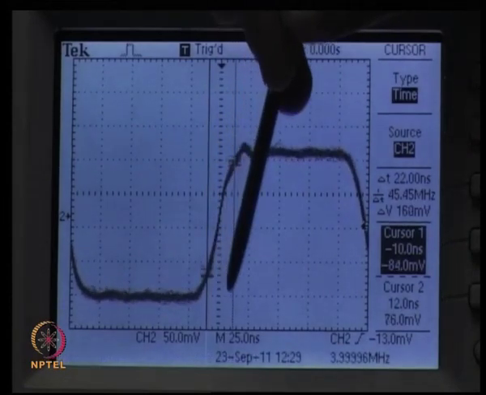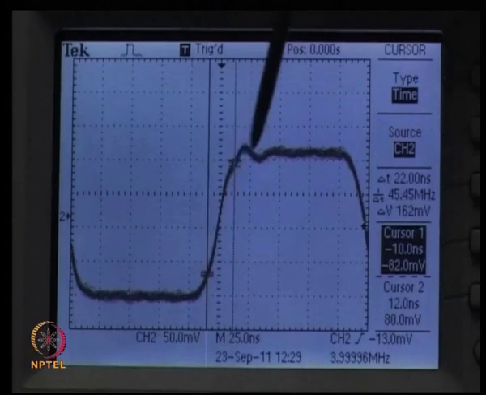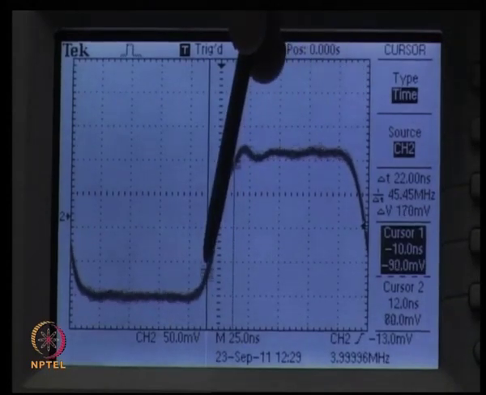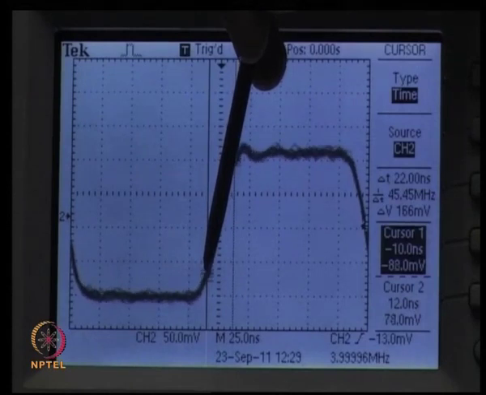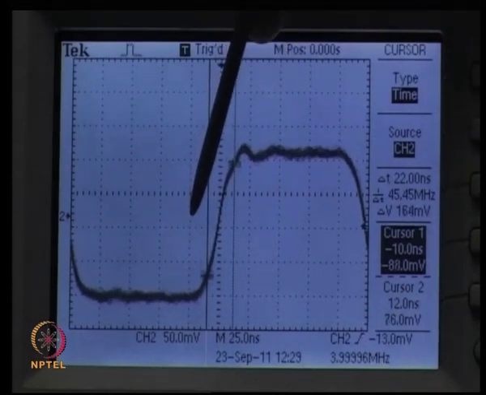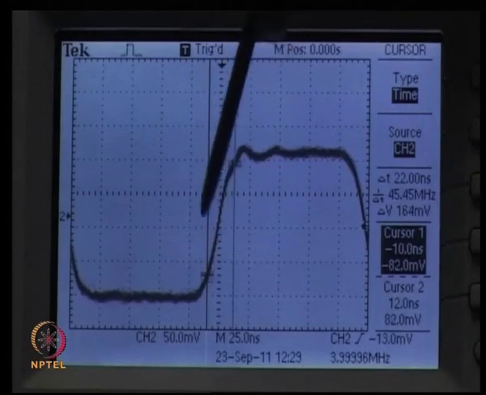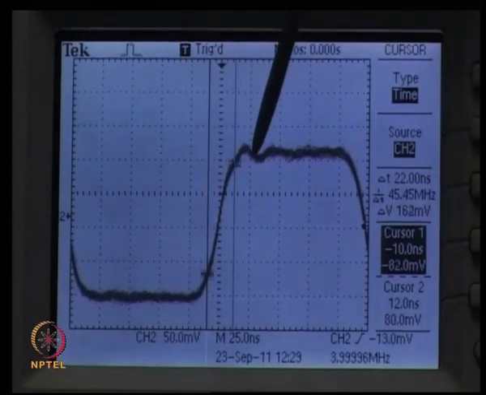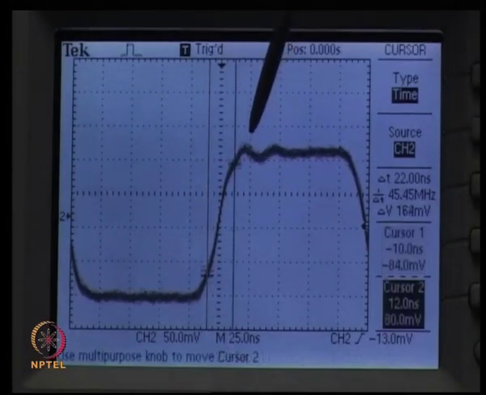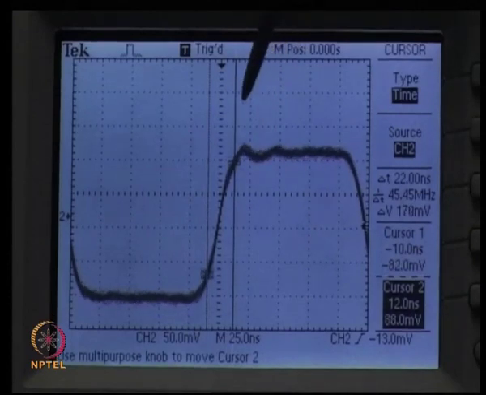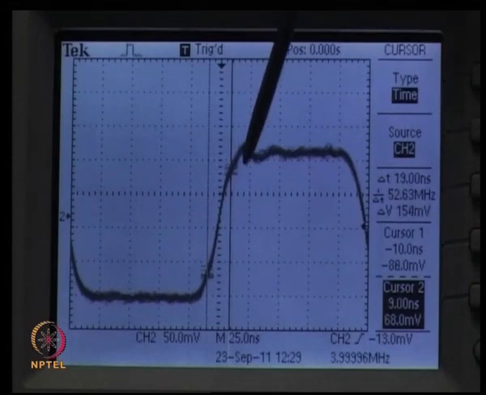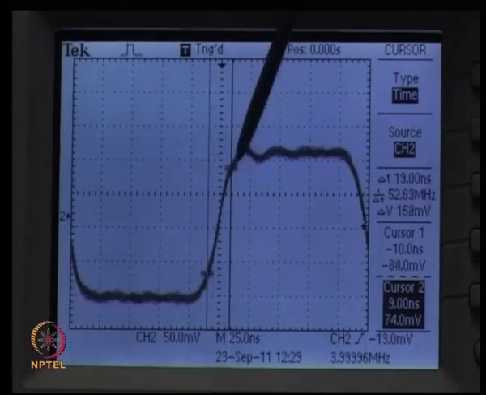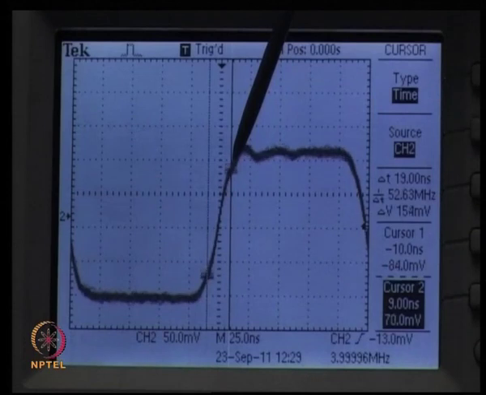We have now adjusted cursor 1 to 10% of the amplitude. Similarly, we will adjust cursor 2 to 90% of the amplitude.